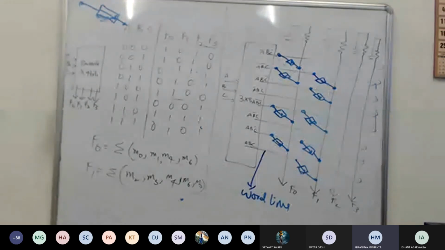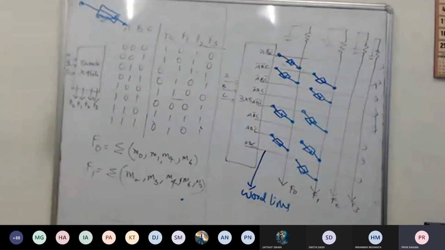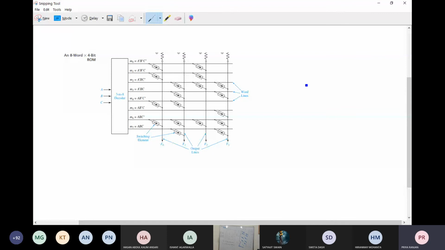What happened? Ma'am, actually you have connected for M1. I think for F1 it should be M2. Okay, now you can just check. For the same thing, did I connect wrong? There is no M3. No, ma'am, you have connected M1 instead of M2.